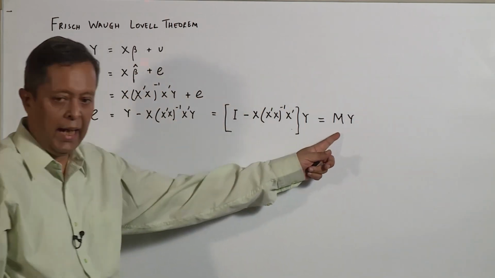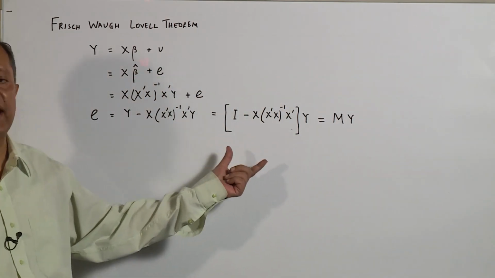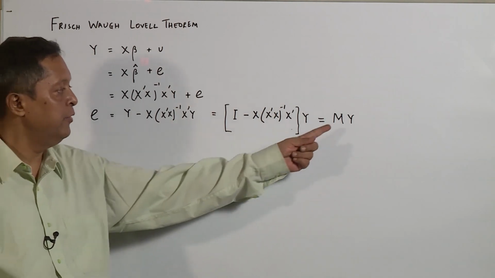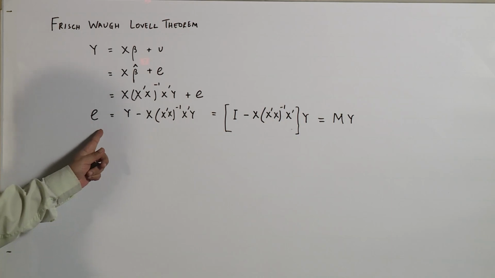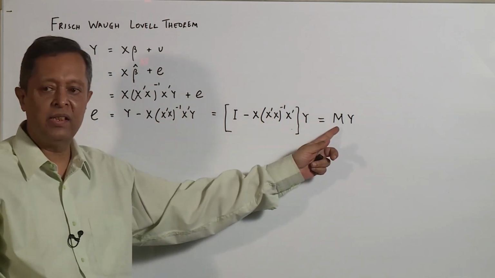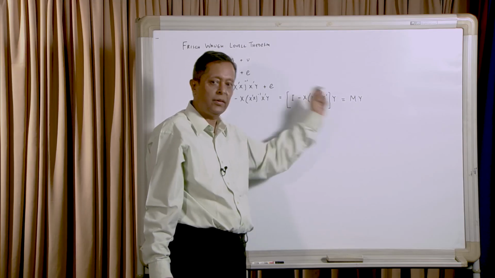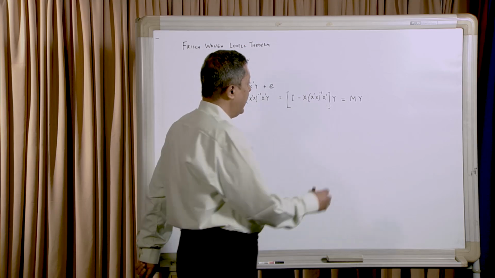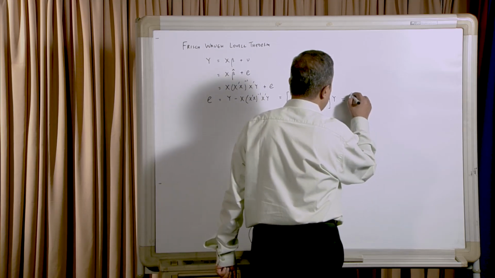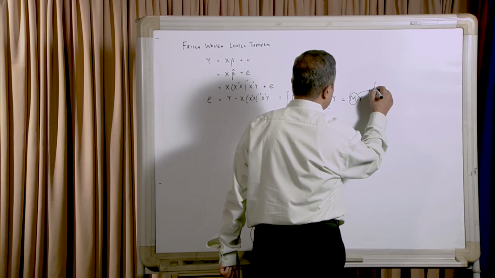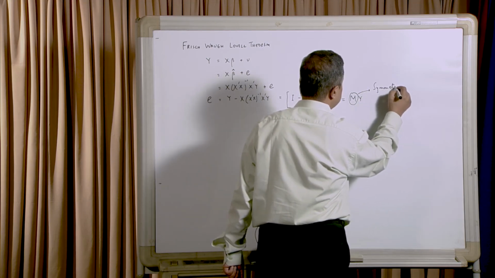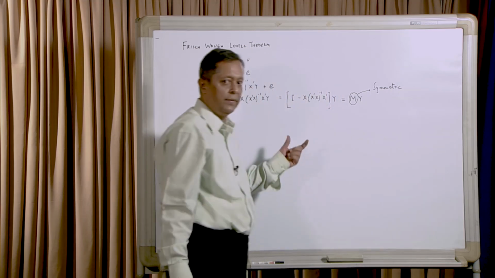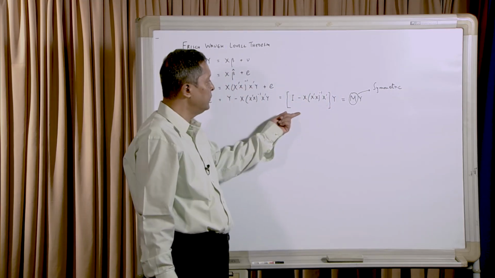So, this matrix M is called the residue creating matrix. Why? Because if you pre-multiply y by M, then you get the residual vector. So, this M is the residue creating matrix, and the property of M is this M matrix is symmetric, as is very clear. If you take the transpose of this, you get the same thing.